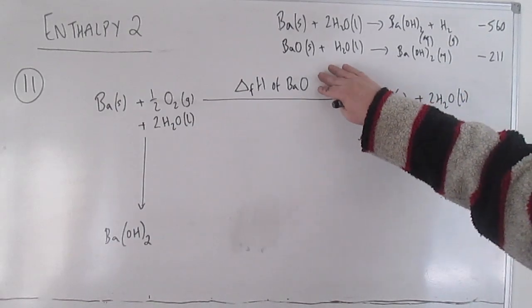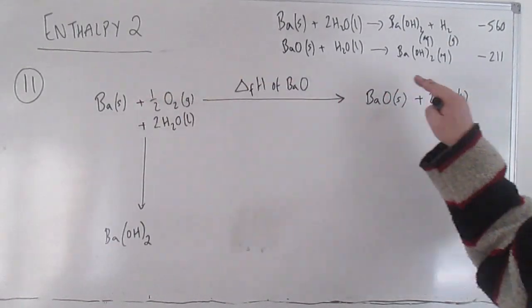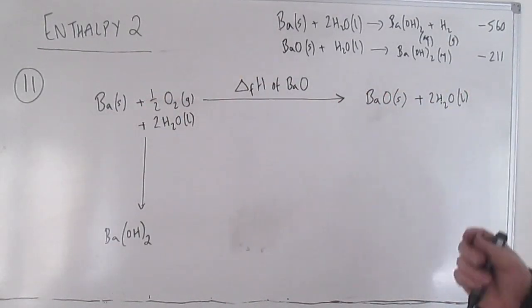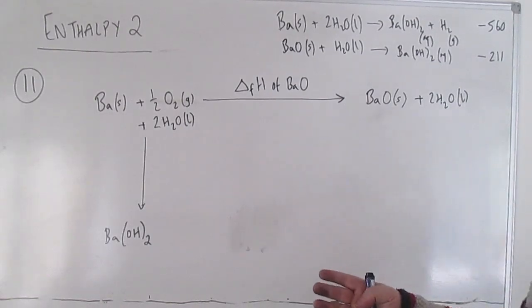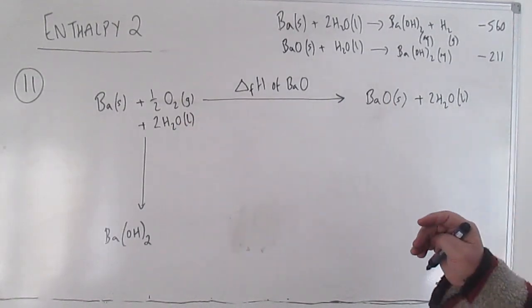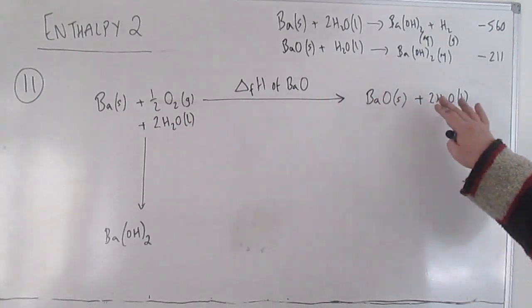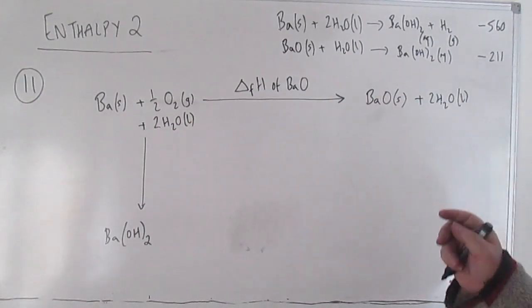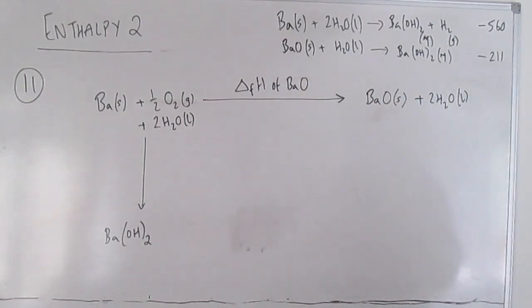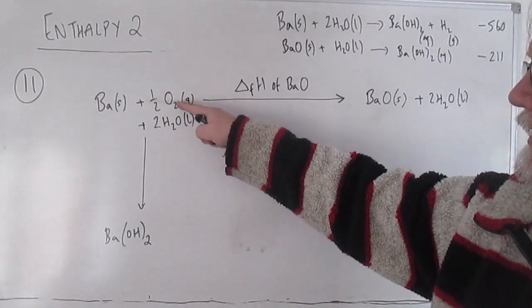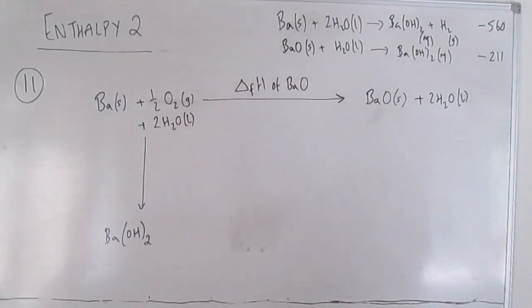So they're not going to influence the fact that that's the delta H of formation of barium oxide. It just looks a bit weird because you think, what are those waters doing there? But so long as they haven't changed, you just cancel them out and say, that's irrelevant, that's just the delta H of formation. But the waters have to be there for this reaction.